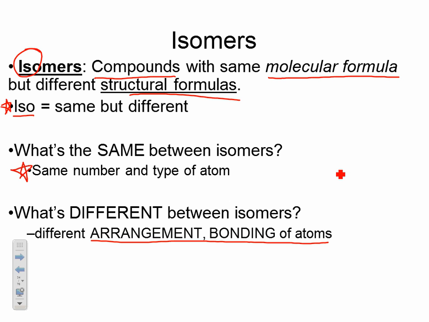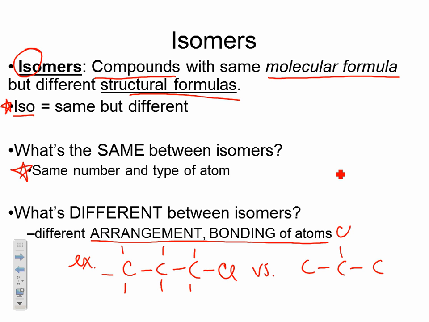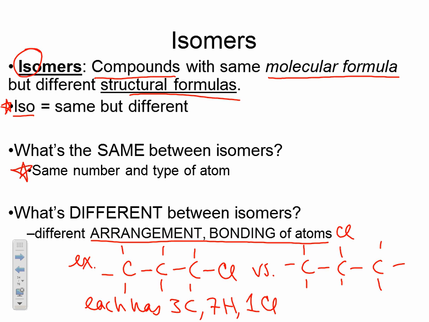So for example, if we look at CCCCl, and we do that versus CCCCl, if I look at these 2 compounds here and I tally up, each of them has 3 carbons, 7 hydrogens, and 1 chlorine. So we fit this definition. They have the same number and type of atom, 3 carbons, 7 hydrogens, 1 chlorine.